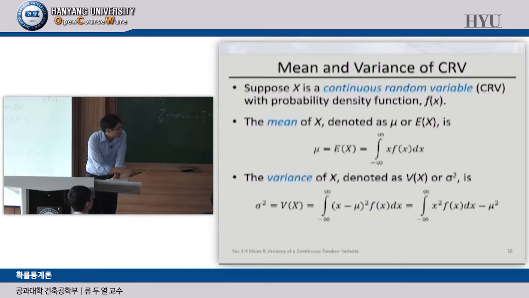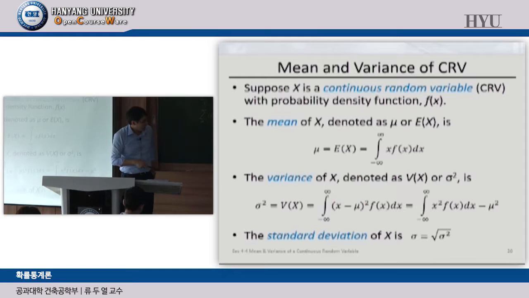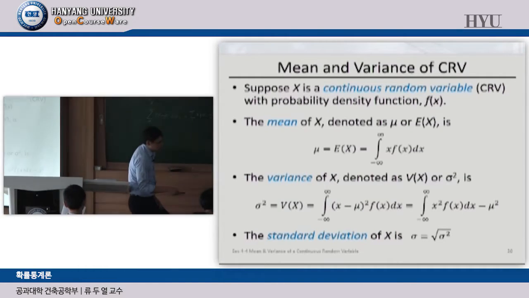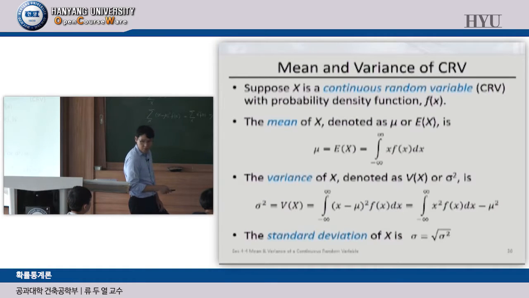So based on these two equations, we can simply calculate the mean and variance of the continuous random variable. And the standard deviation of X is the square root of sigma square. Okay? This is also identical to the case of the discrete random variable.